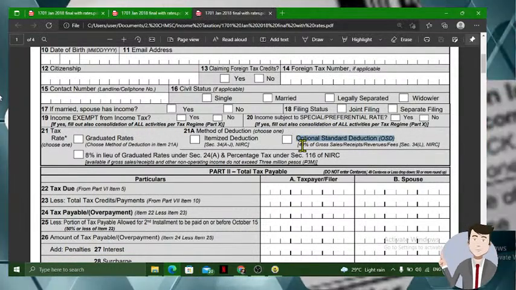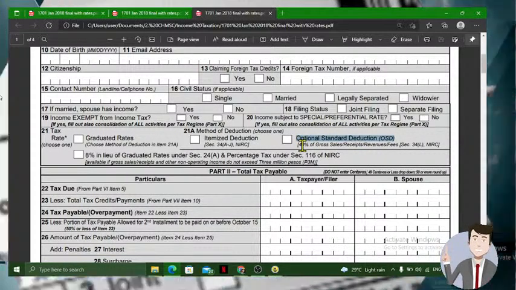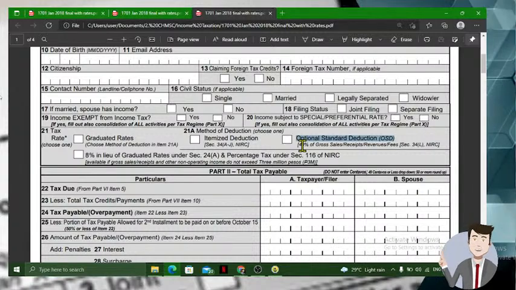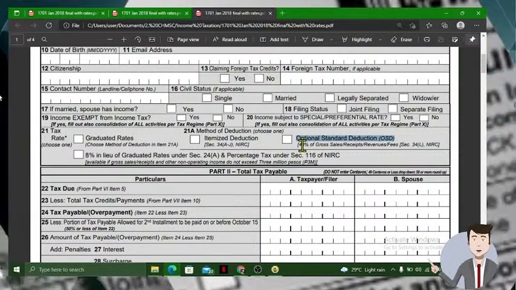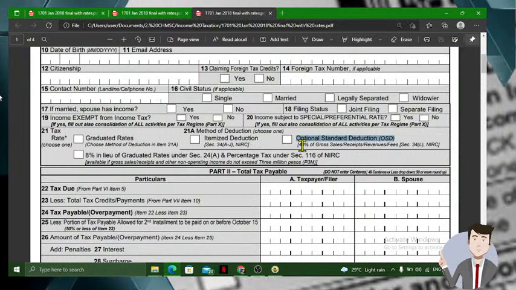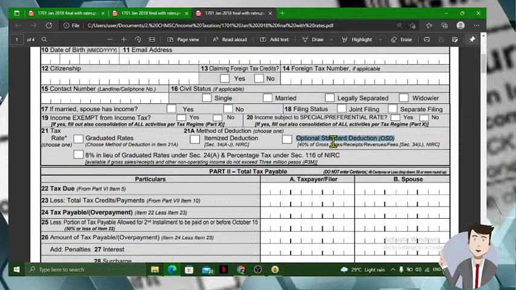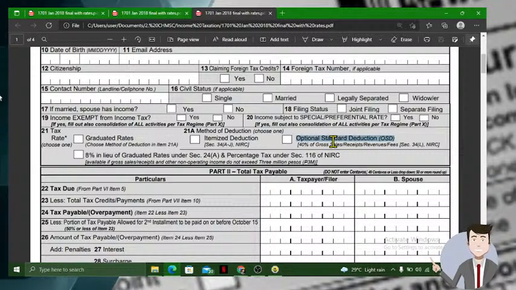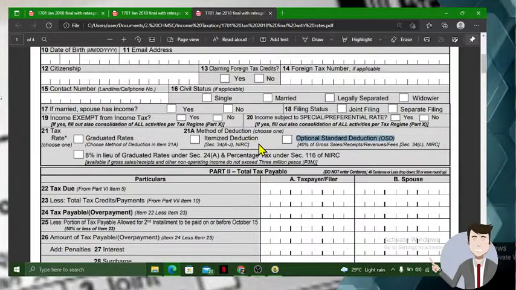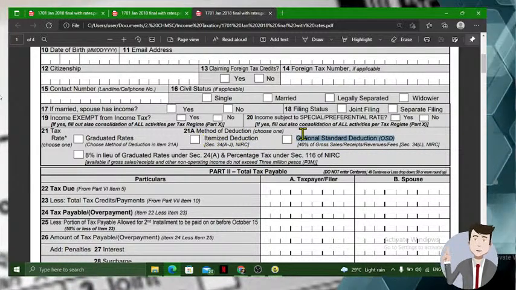Okay? In short, on the subsequent filings, the 1701Q for first quarter, second quarter, and the annual income tax return, you have to follow your choice on the first quarter. Depende na if this is itemized or optional.